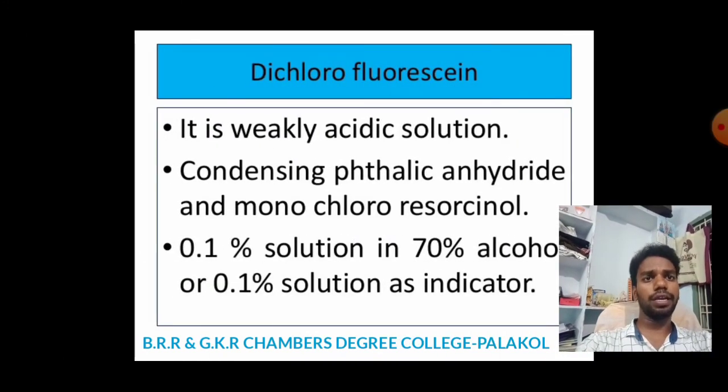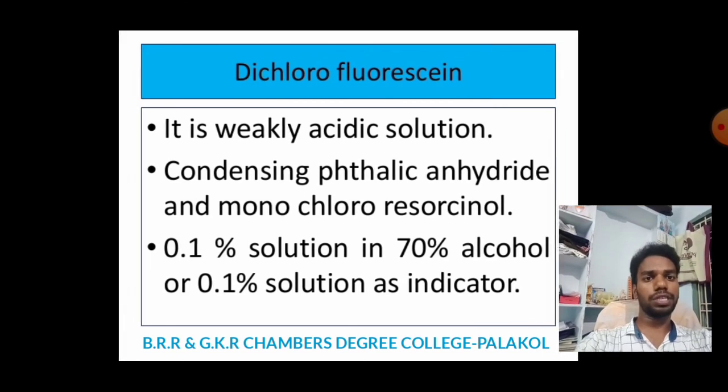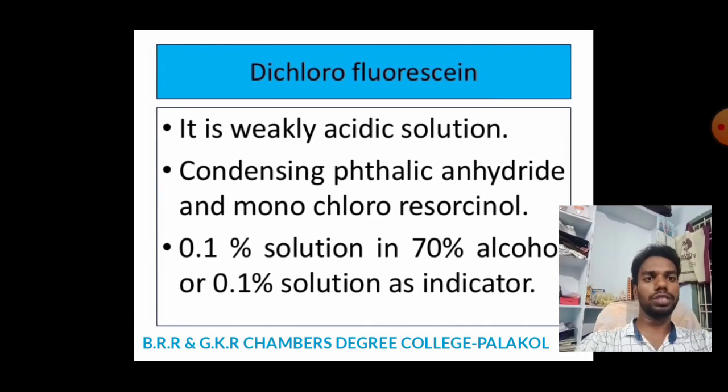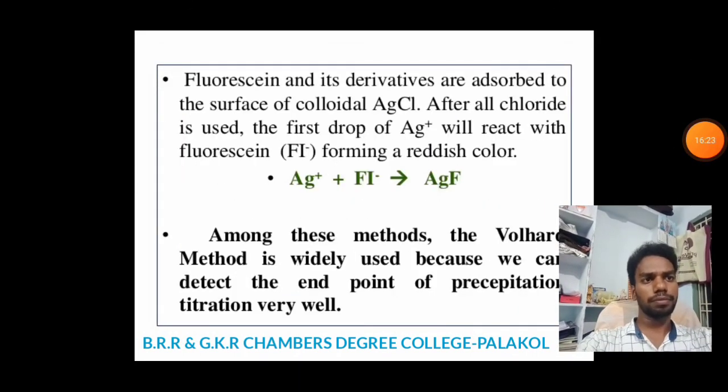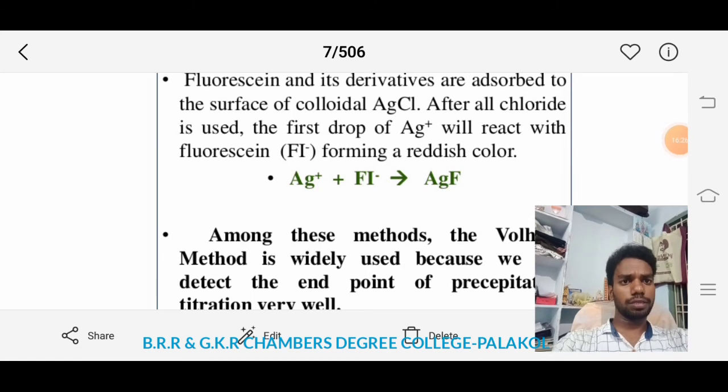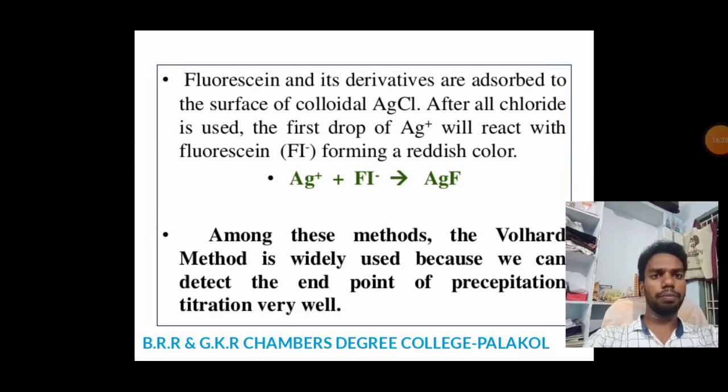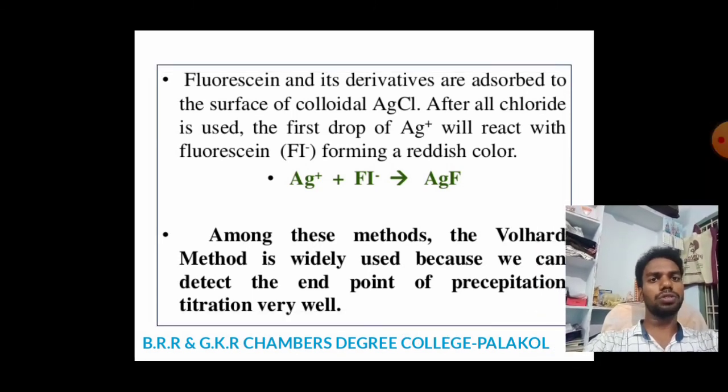The second adsorption indicator is dichlorofluorescein, DCF, which is weakly acidic, prepared by condensing phthalic anhydride and monochlororesorcinol. It is used as a 0.1% solution in 70% alcohol. Among these methods, Volhard's method is widely used because it can detect the end point of precipitation titration very well.